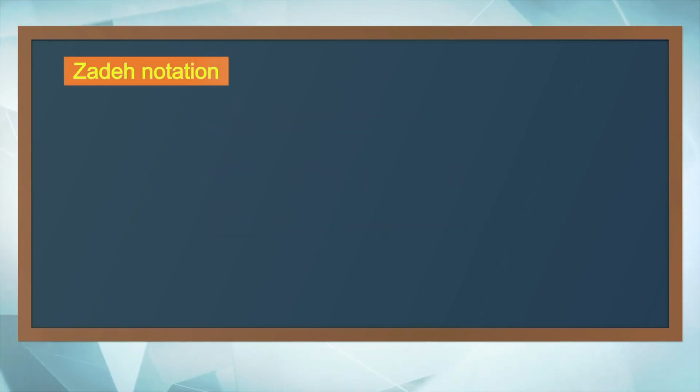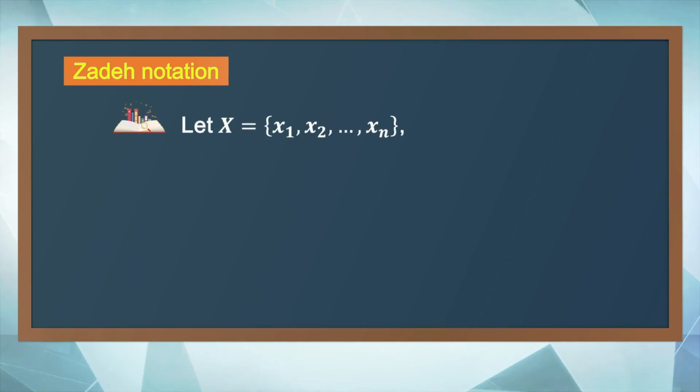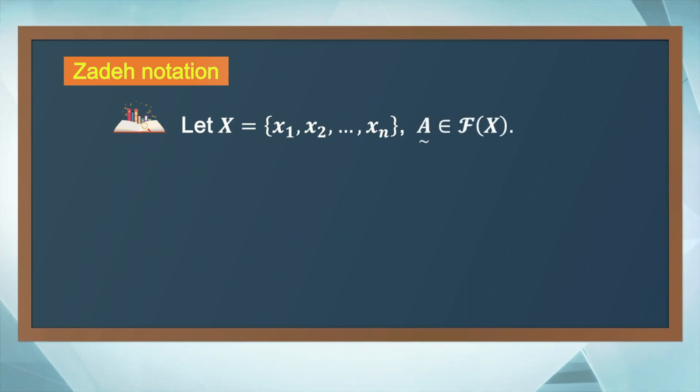First, Jardine notation. Let X be the universal set. Let X be the set of x1, x2, all the way up to xm. Set X is finite. Let A be a fuzzy set in X. Suppose that for each element xi, the degree of membership of xi in A is mu sub A of xi.